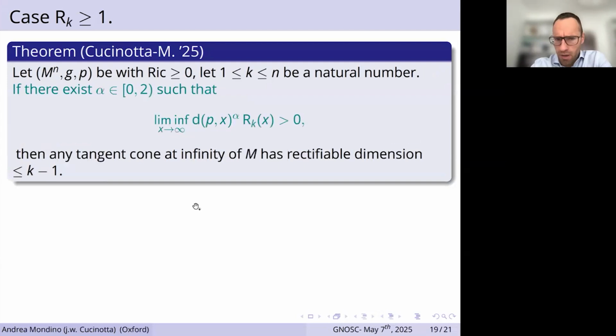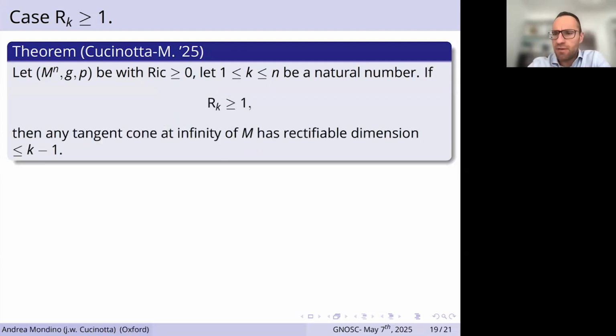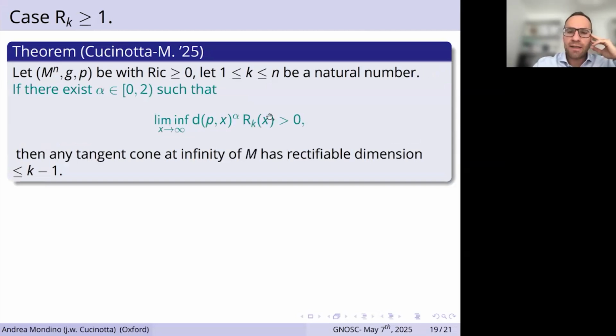Okay, so here I'm giving the statement in the cleanest way, but actually we can relax the assumption quite a bit. Instead of asking the sum of the smallest k eigenvalues of the Ricci to be bigger than 1, it's enough to ask that the sum of the smallest k eigenvalues of the Ricci multiplied by the distance from a base point to some power alpha between 0 and 2, in the limit for x going to infinity, is positive.